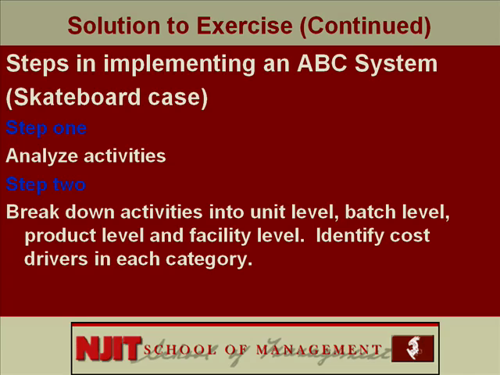So I want you to stop this recording. For each activity, for example, start with administration. So write down administration. What do you think it is? Is it unit, batch, product, or facility? If you said facility level, you're dead on because it's just common to everything.